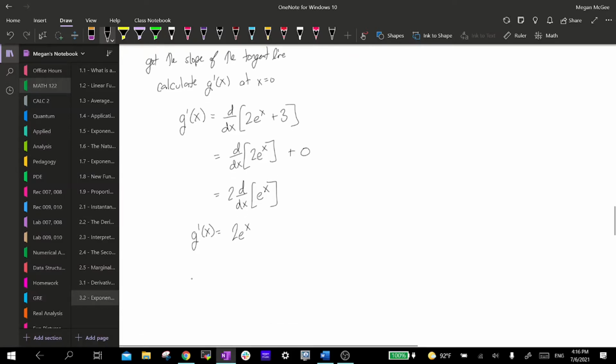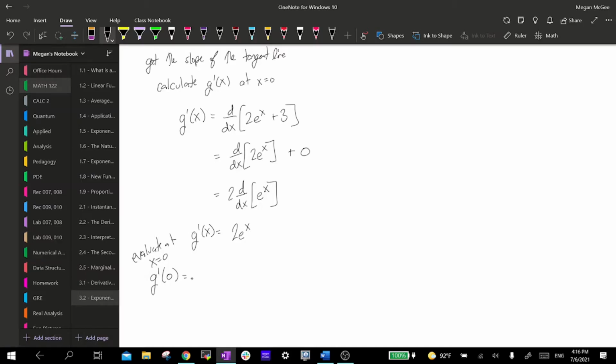So we calculated the derivative, but this doesn't give us a slope yet. We need the slope at a point. So we need g prime of 0. So evaluate at x is equal to 0.